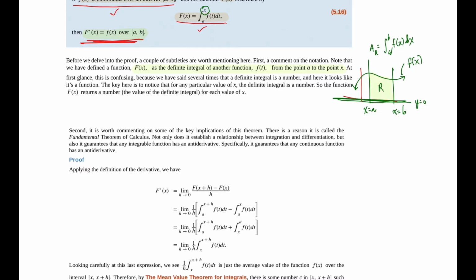Not only does this establish the relationship between integration and differentiation, but it also guarantees that any integrable function has an antiderivative. Specifically, it guarantees that any continuous function has an antiderivative.